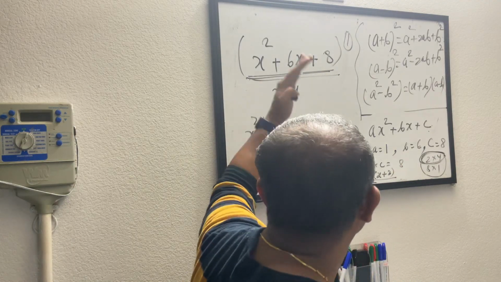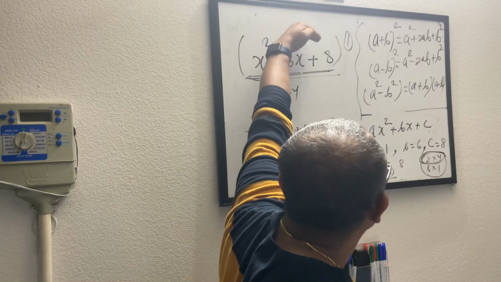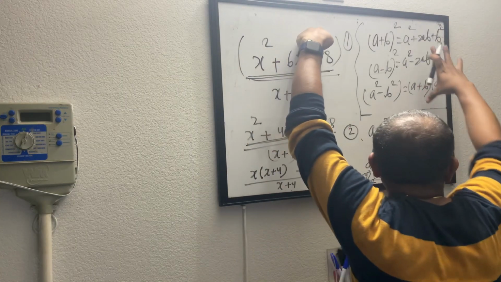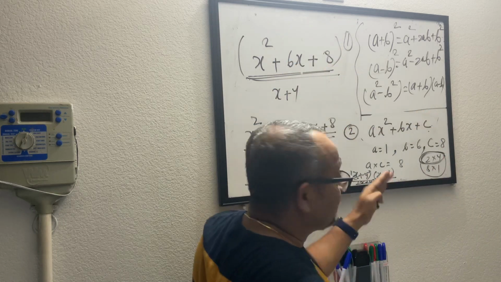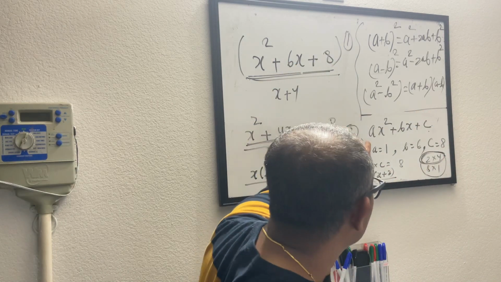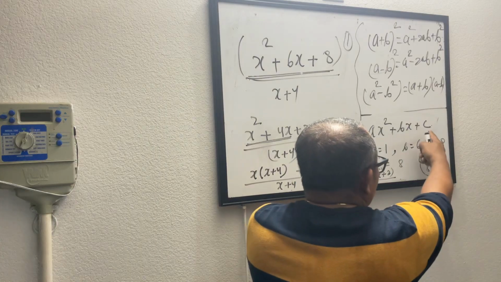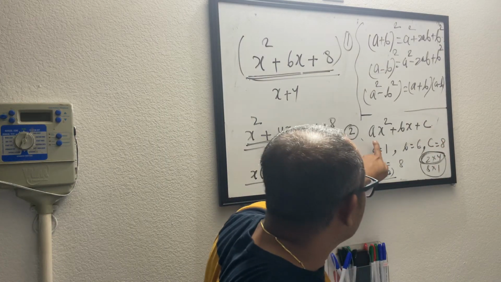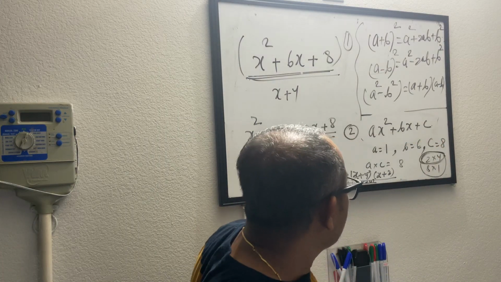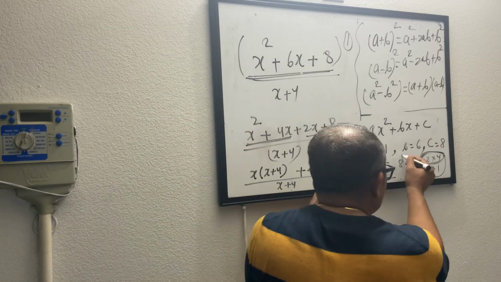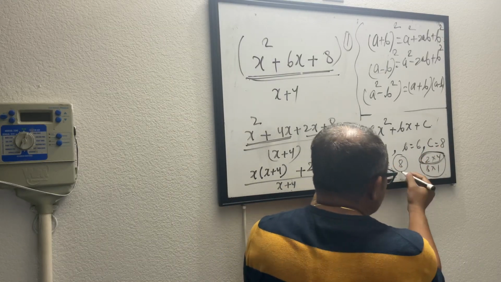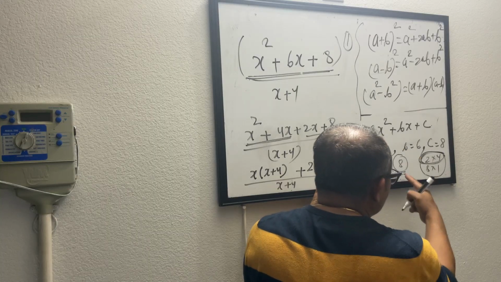What I'm trying to say here is, when you have a situation where you cannot map it to a perfect square, this is your alternate option to factorize it. You will map it with the standard form of the quadratic expression, look at the values of a, b and c, multiply a and c, and see what possible factors you have.